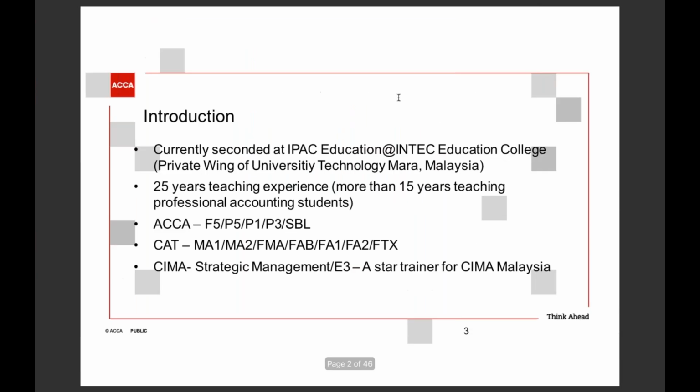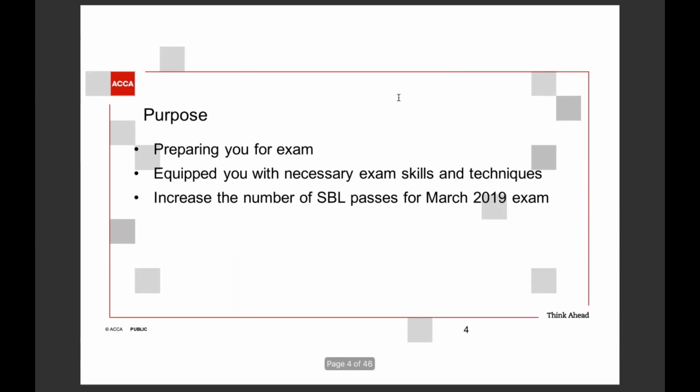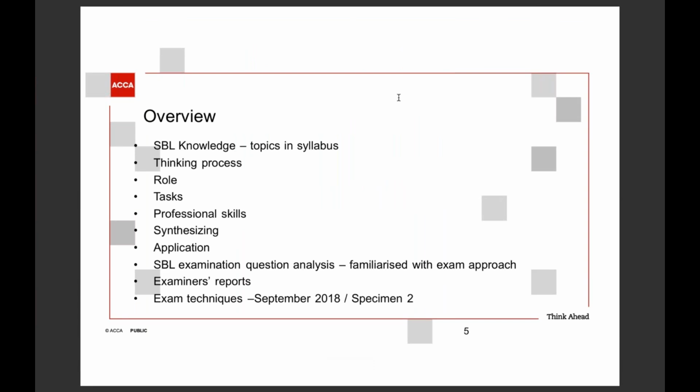This is the overview of the areas that I'm going to cover tonight: SBL knowledge, topics in the syllabus, thinking process, the role, the task, professional skills, synthesizing, application, SBL examination question analysis to get yourself familiarized with the exam approach, examiners' reports, and then exam techniques.